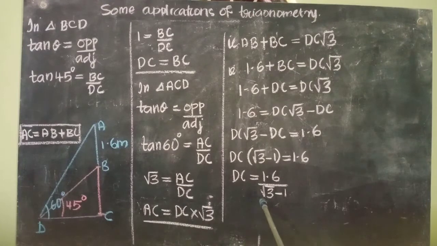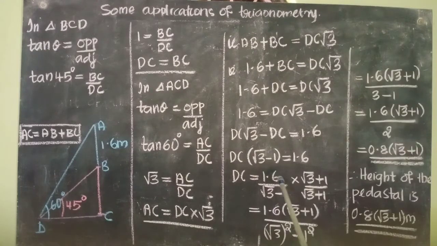Now you can see the denominator is an irrational number. Let us rationalize it. How can we rationalize it? Here the denominator is root 3 minus 1. So we need to multiply it with root 3 plus 1 by root 3 plus 1. So we get 1.6 by root 3 minus 1 into root 3 plus 1 divided by root 3 plus 1.